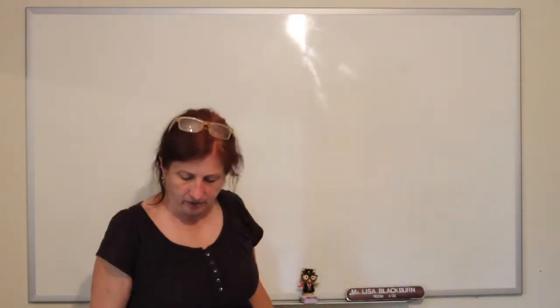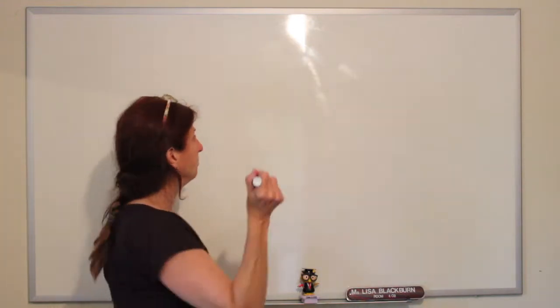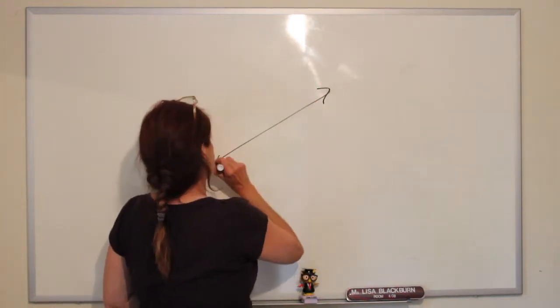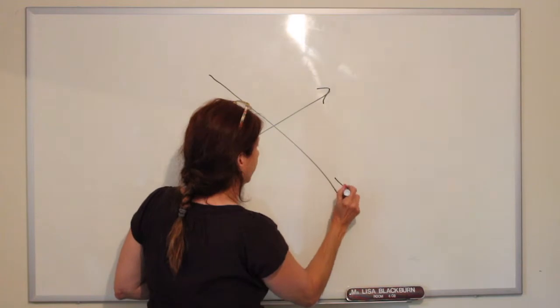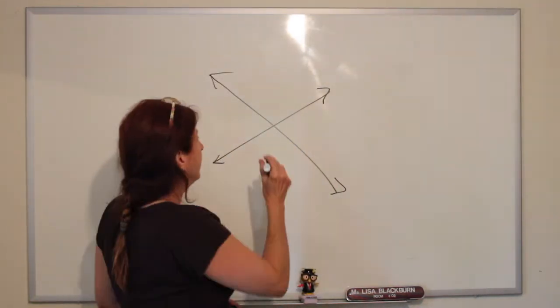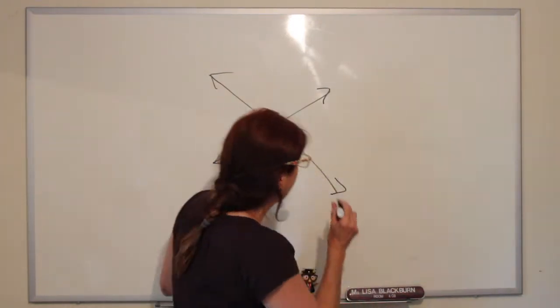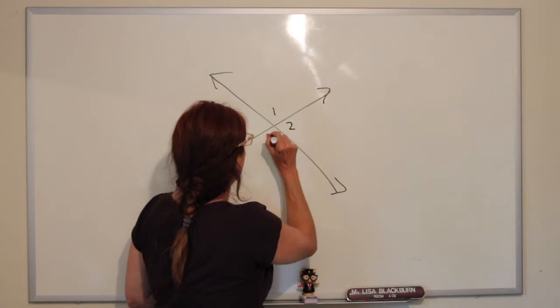Alright, so here's our thing. If we have two lines, I'm going to go with black here, that cross. And these have to be straight lines. We're pretending mine are, like with a ruler. Then we can number our angles that are made by the straight lines. I'm going to do mine the same as theirs.